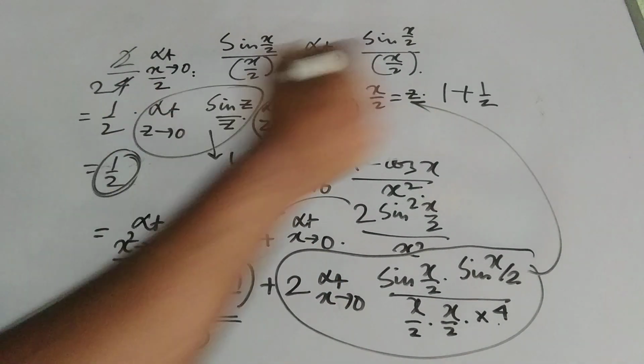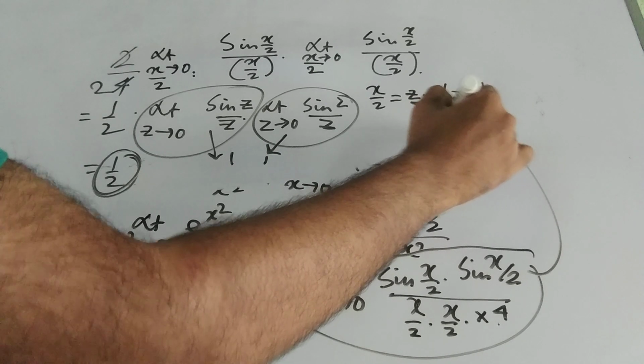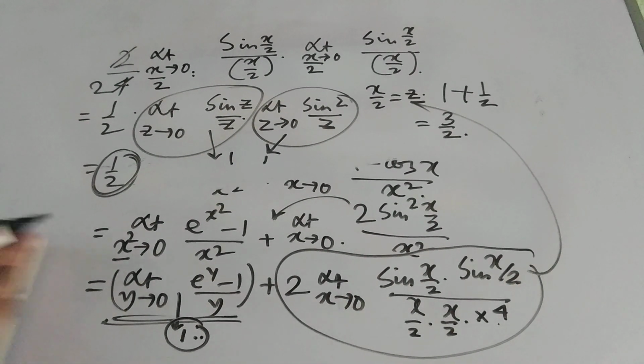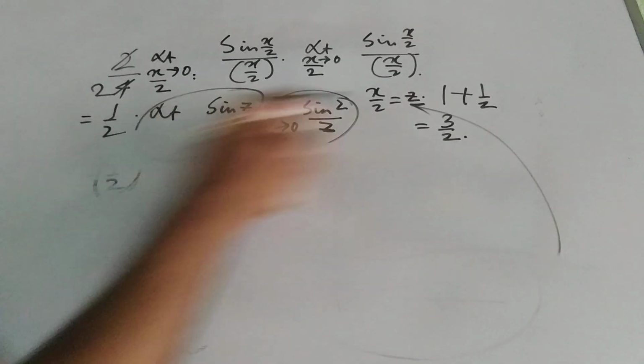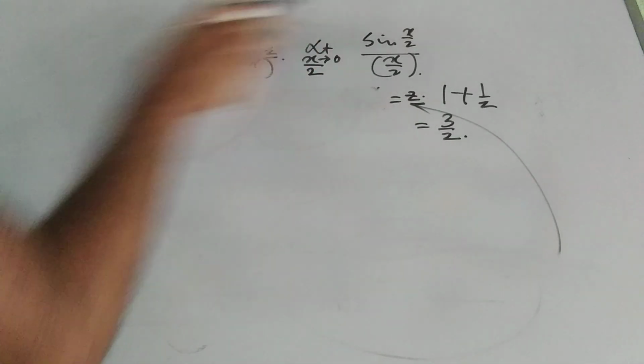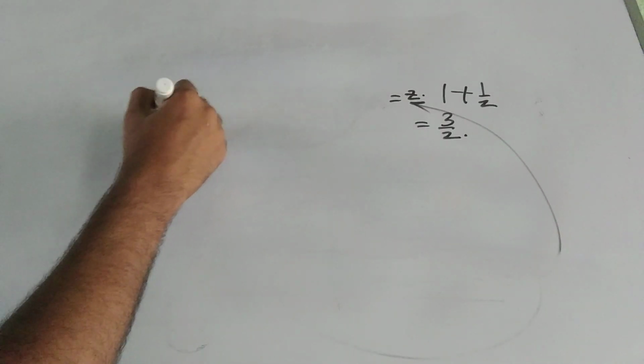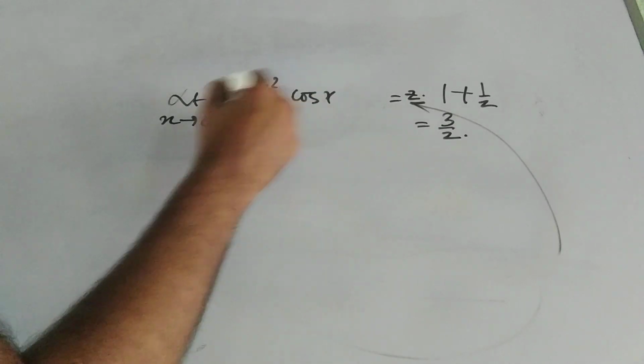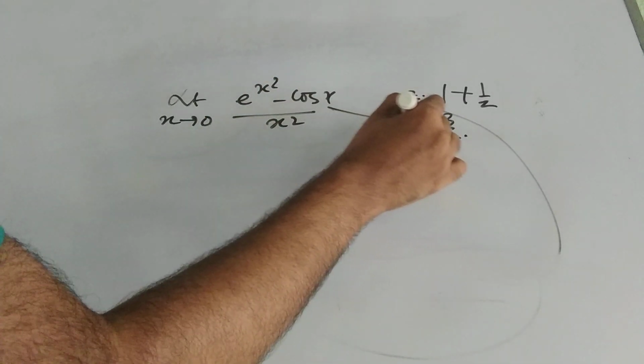Two limits are getting added to give my final answer as 3/2. So the final answer for my expression, that is limit x tends to 0 e to the power x square minus cos x divided by x square, that points to 3/2.